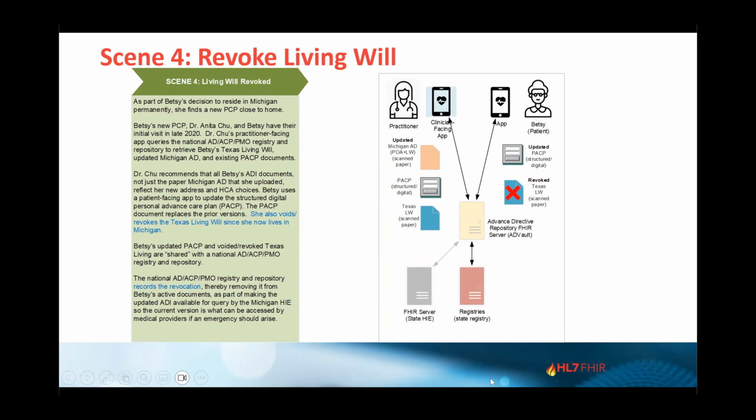And the Registry and Repository records the revocation, thereby removing that document from Betsy's active current documents as a part of making the updated Advance Directive information available for query by the Michigan Health Information Exchange. So the current version is what can be accessed by medical providers if an emergency should arise.